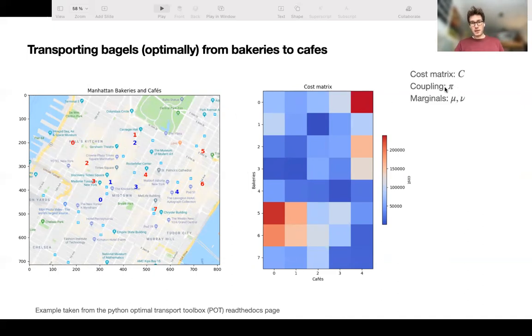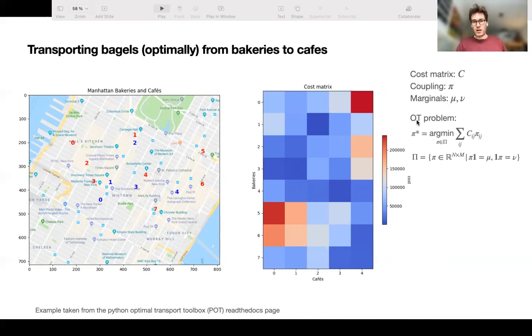What we want is a coupling. The coupling will tell us how many bagels go from here to there. And we have marginals. The marginal mu on the left side tells us how many bagels each bakery produces. And nu tells us how many bagels each cafe wants.